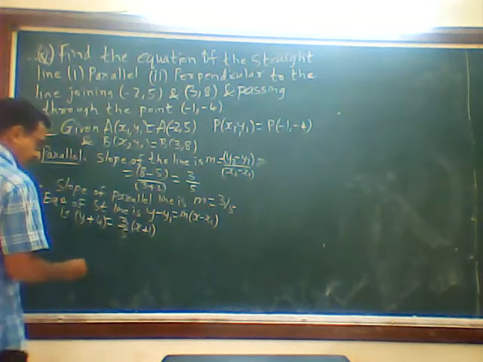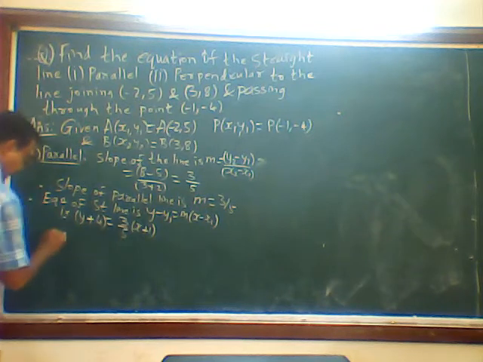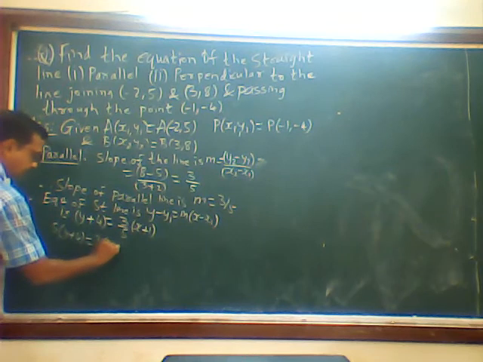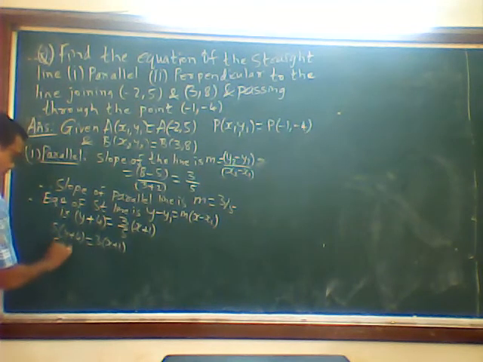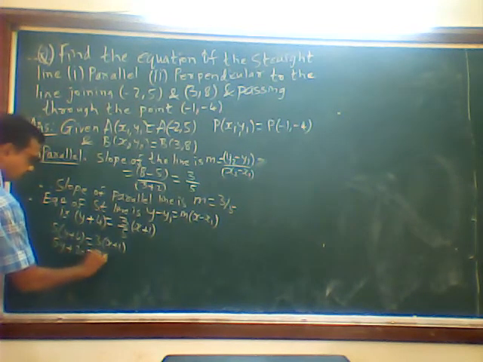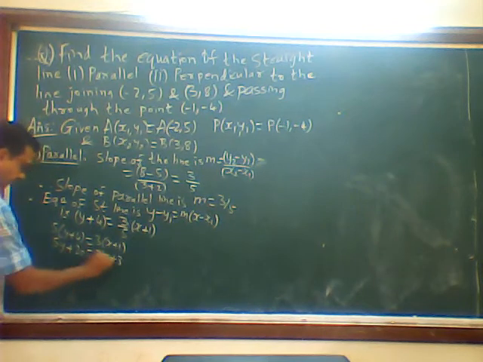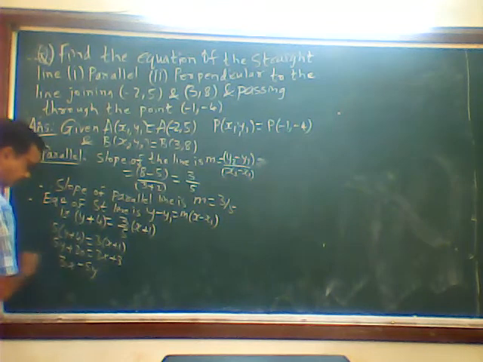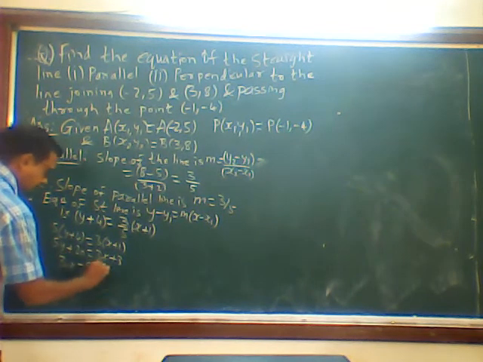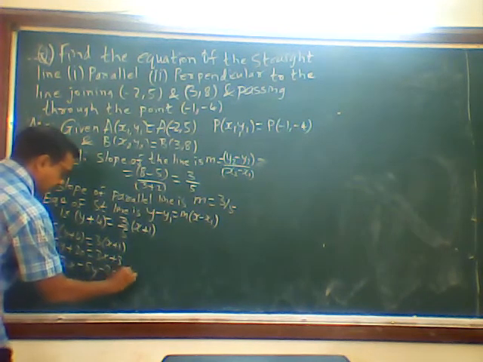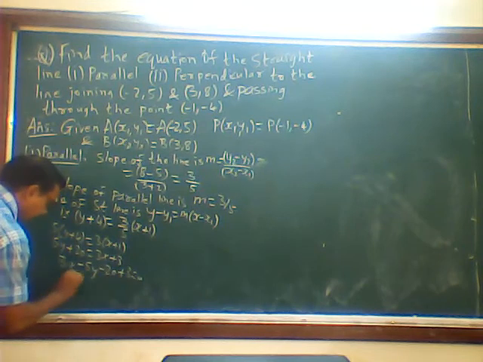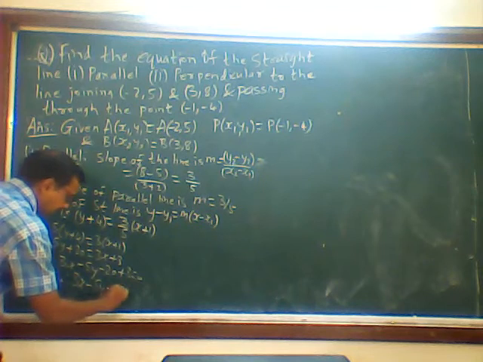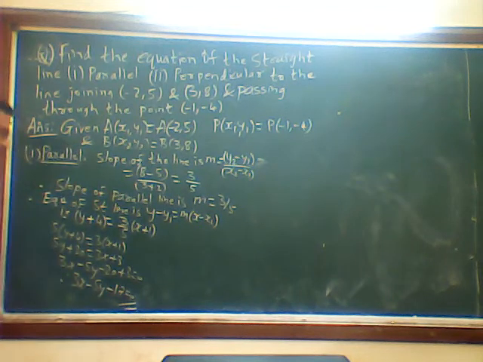So 5 will get cross multiplied: 5 into y plus 4, which is 5y plus 20, is equal to 3 into x plus 1, which is 3x plus 3. Now I will keep 3x on that side, and 5y will go to that side and become minus 5y. The 20 will go there as minus 20, plus 3 is equal to 0. Therefore 3x minus 5y minus 17 is equal to 0. This is the answer for parallel.